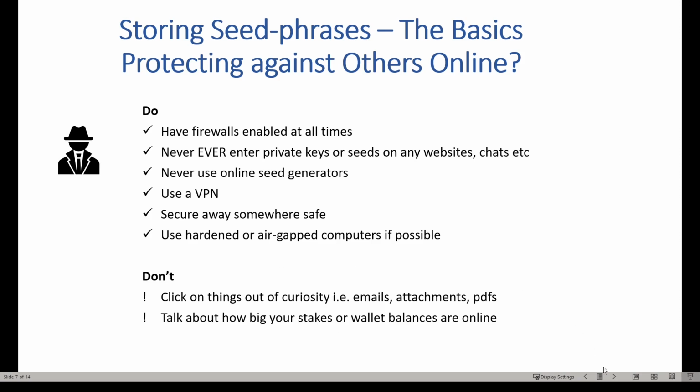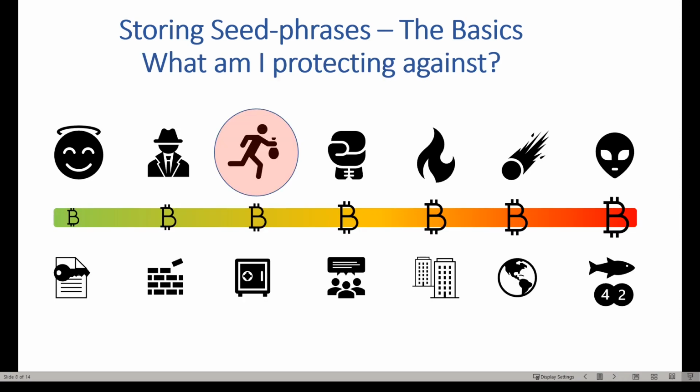Okay, let's move on to the next part. I think we've covered that quite well in terms of online protection. So let's move up our spectrum again. We've protected against ourselves. We've protected against attacks online.